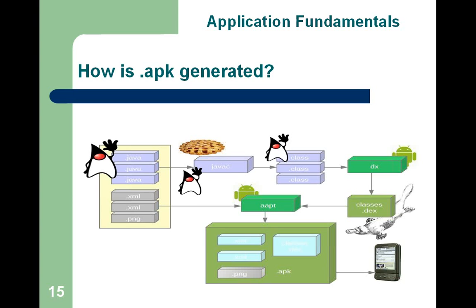Then we have a tool called AAPT, the application asset packaging tool, which takes the .dex file as well as the XML and PNG resources and packs them into an APK. And finally, this APK file gets installed on mobile devices. So this briefly shows how we convert our source code and resources into a final APK file which gets installed on a mobile device.